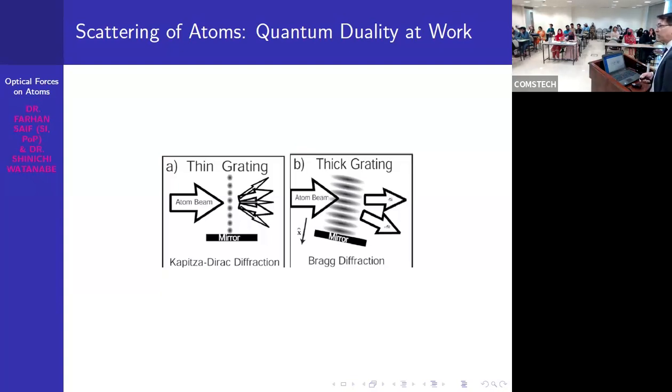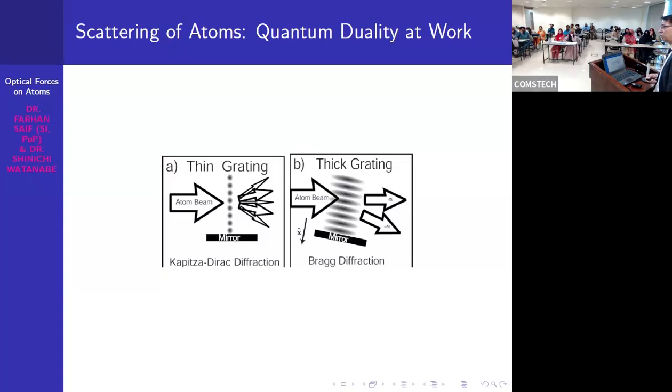But if the atomic beam meets this grating at an angle, then we see something we already know as Bragg diffraction. Bragg diffraction is a property of light once it comes on a crystal. If the wavelength of the light is comparable to the atomic spacing, the light will be reflected back, and we can have various different applications of this Bragg scattering.